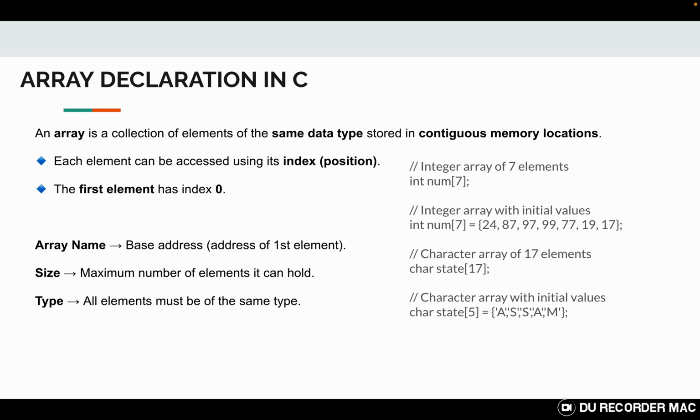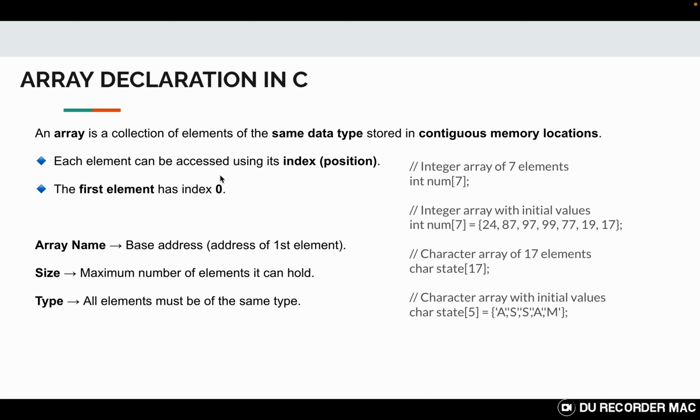And if you see here, I have written that an array is a collection of elements of the same data type stored in contiguous memory locations. Okay, you need two things. One is that an array is a collection of elements of the similar data type, say integer, float, or characters, and it needs to hold the elements in a contiguous memory location. That means it needs to be serial.